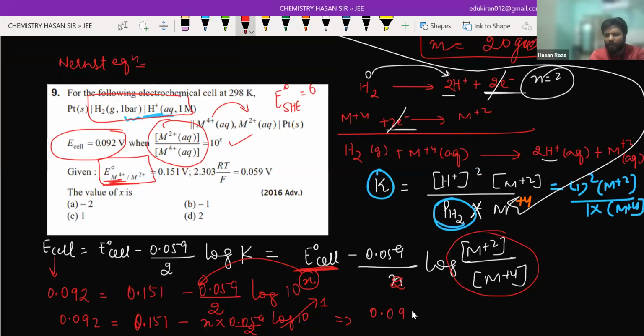Basically 0.092 will be equal to 0.151 minus 0.059 x upon 2. You can easily solve the value of x, right? Yes or no? Yes, sir. Please do it.